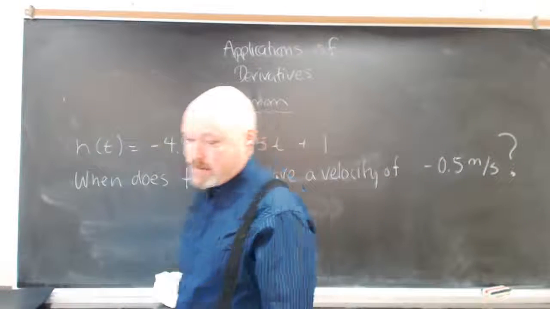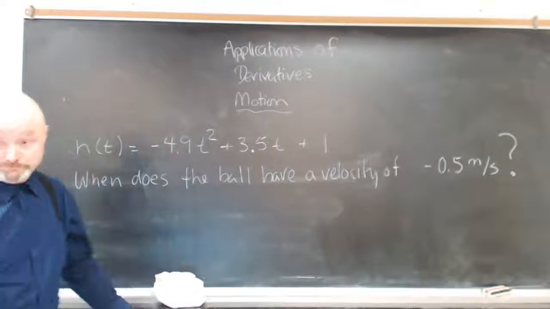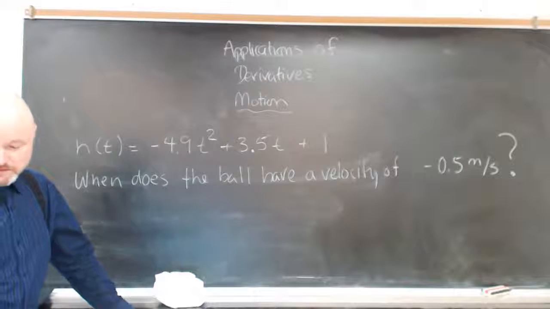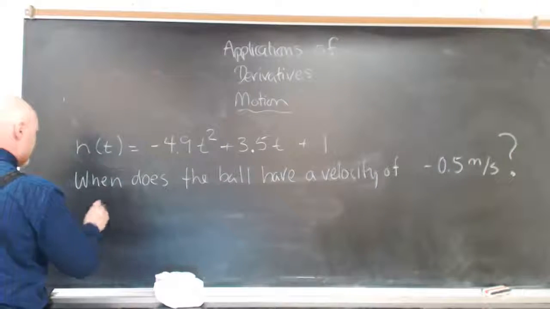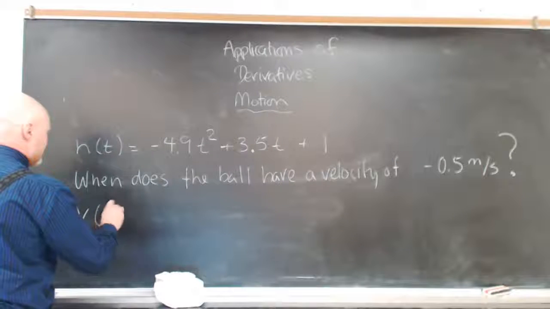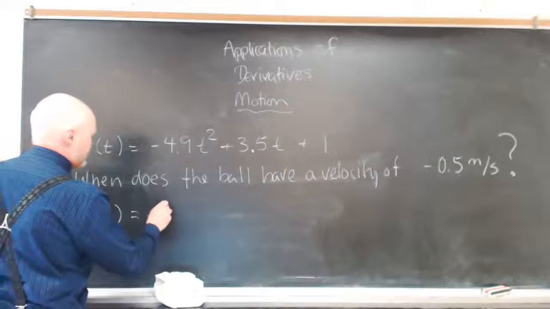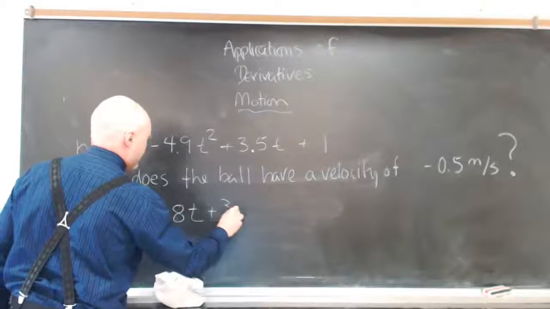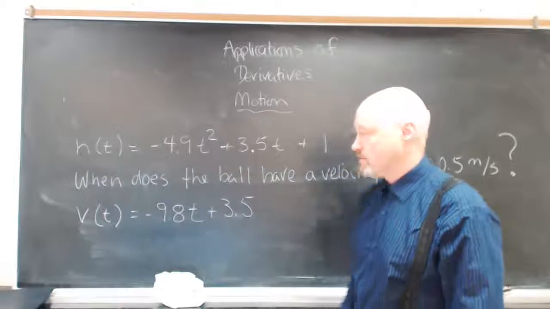So how would I go about solving this problem? I would take the derivative. That's right. I'm going to take the derivative of the height relationship because I have to find a velocity.